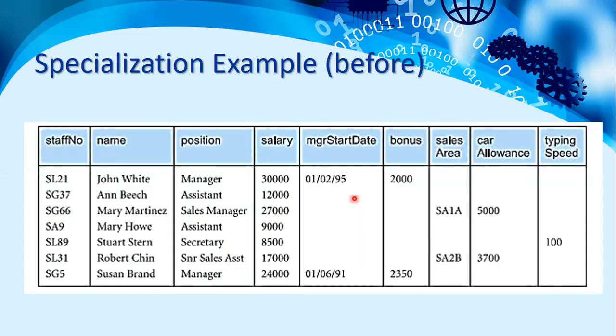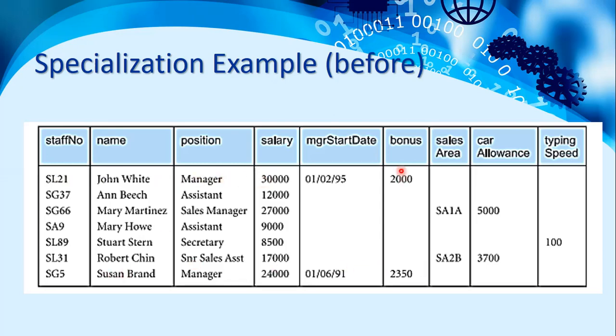So if we apply the process of specialization on this staff entity, what we will do is identify the differences between members of this entity, such as members with distinctive attributes or relationships. As we notice, we have here John White, who is a manager, and Susan Brand.